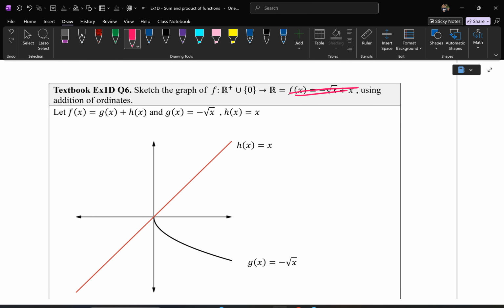So based on this, g of x is negative root of x, for x an element of 0 to infinity. And I probably want to say f of x was equal to x. That's probably what I wanted to say. Yeah, this is garbage. That must have been a previous question or something.